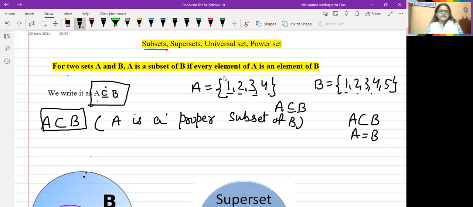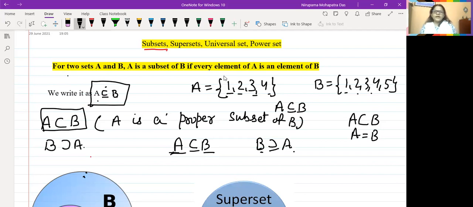Now, when A is a subset of B, we can say B is a superset of A. In other words, every element of A is in B. It means A is contained in B, or we can say B contains A. So B is the superset of A. Similarly, B can be a proper superset of A also.